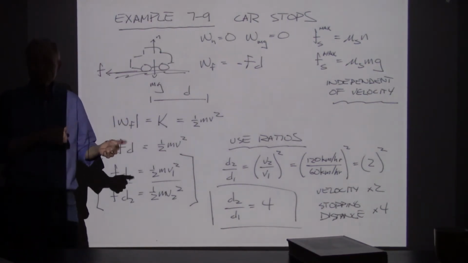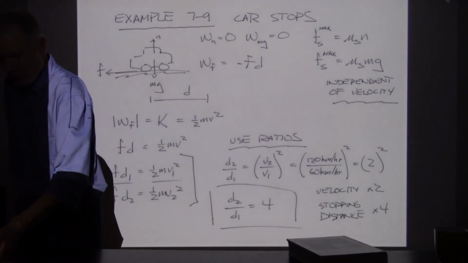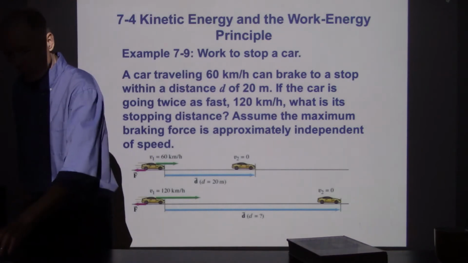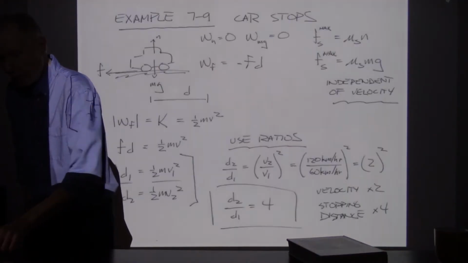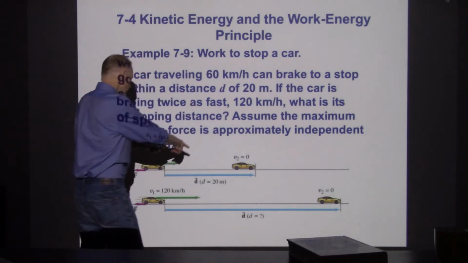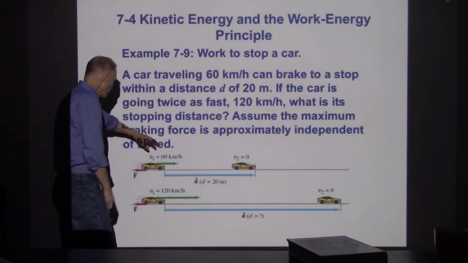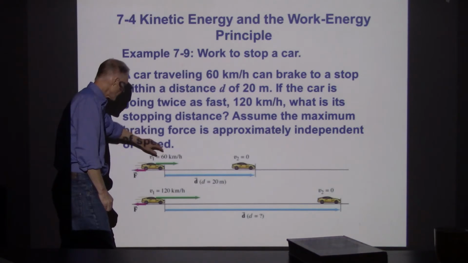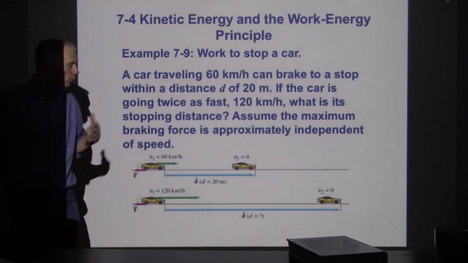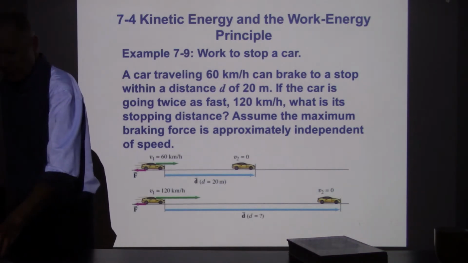Let's go back and look at the v's. In the first case, it was 60 kilometers per hour. In case 2, it's going to be 120. So our question was, we start here at 60 kilometers per hour. We're going to double the speed that we start with. What's going to happen to the stopping distance?